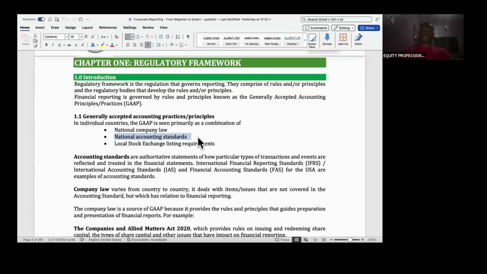We went on to the regulatory bodies, and I told you that the regulatory body in charge of these regulations, which is IFRS to be specific now, in Nigeria is the Financial Reporting Council of Nigeria. This Financial Reporting Council of Nigeria has one important objective, which is to protect the interest of investors and other stakeholders.